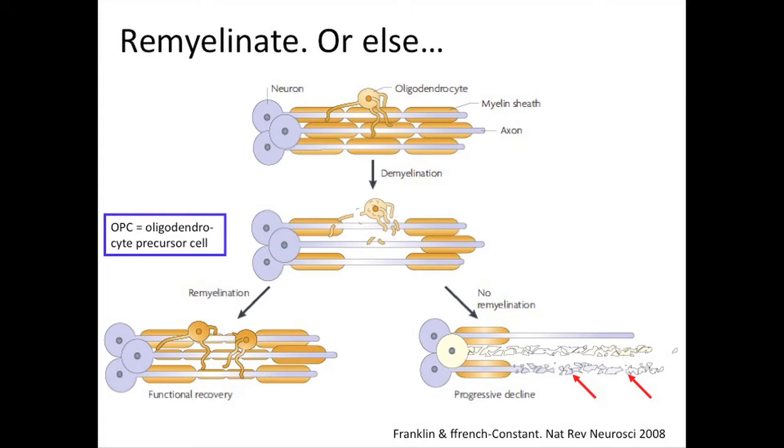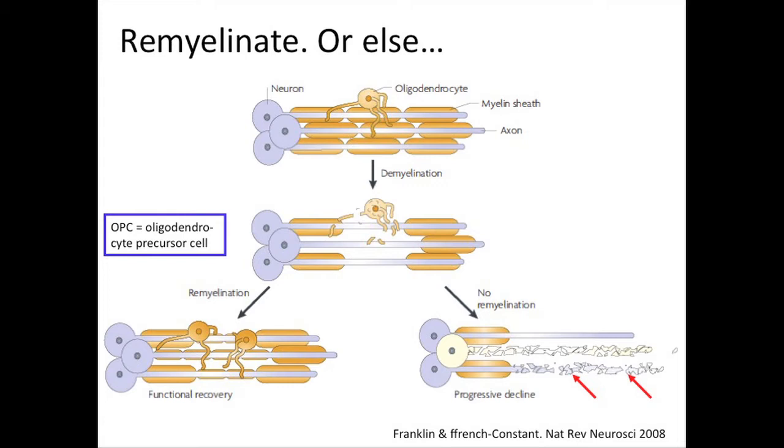So these are neuron cell bodies, and their axons here in the center. You have these myelin sheaths around them with their nodes of Ranvier. And one oligodendrocyte, which is the cell type that produces myelin, usually myelinates several nerve fibers.